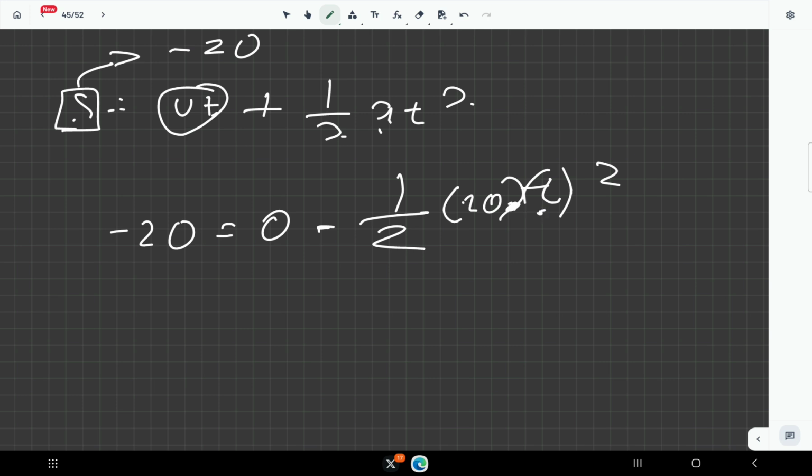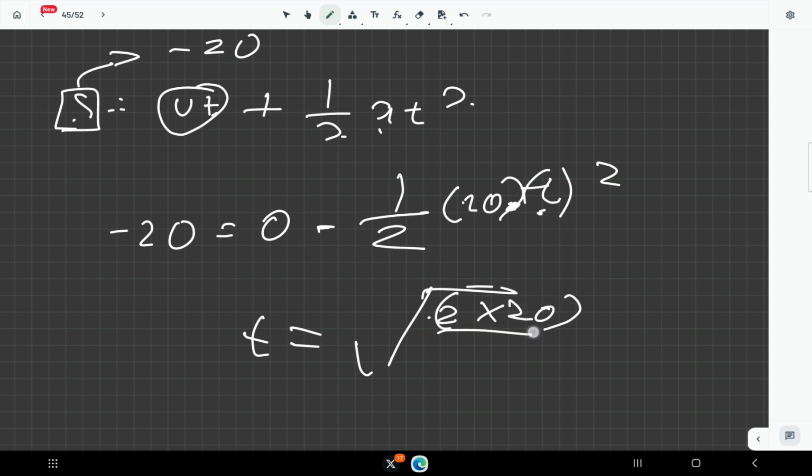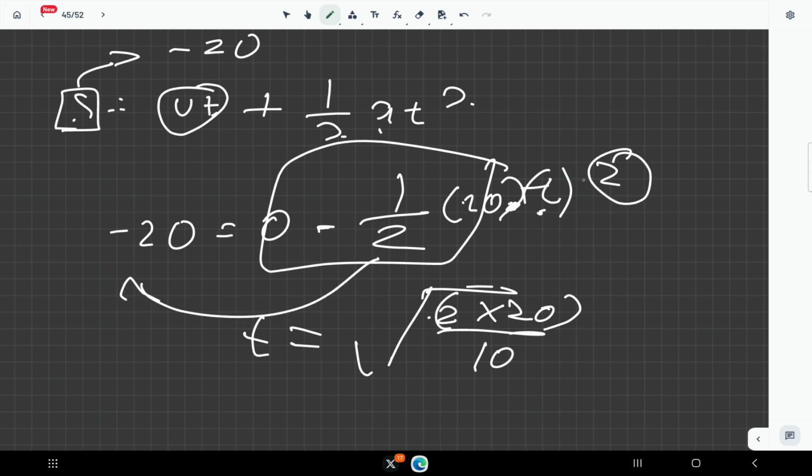So t is equal to the square root of 2 times 20 divided by 10, by putting all of the other terms on this side and taking the square root. We get the time as 2 seconds.